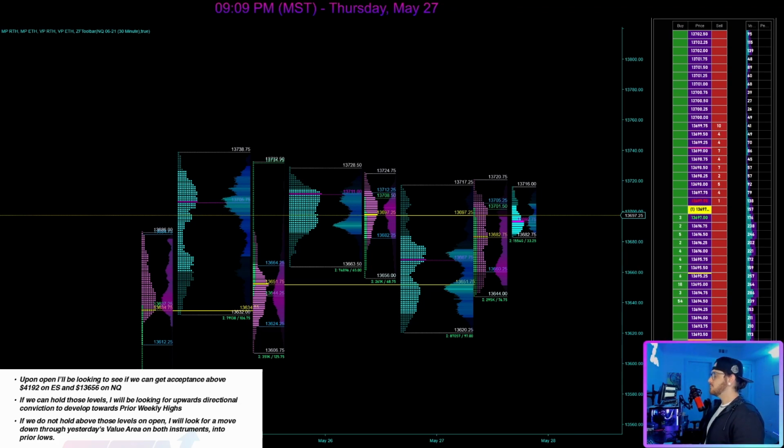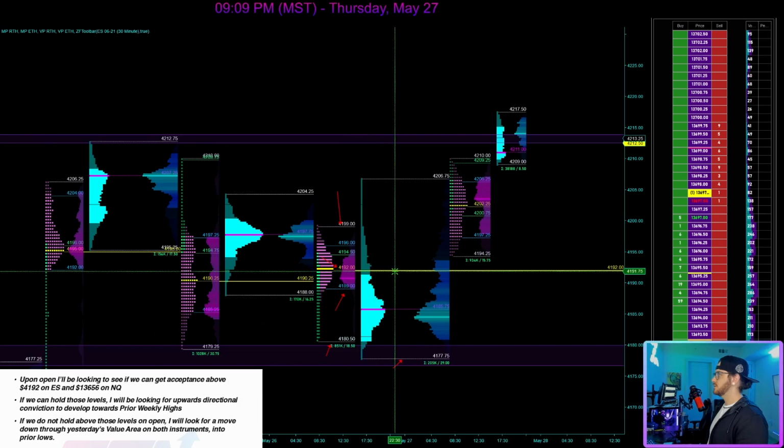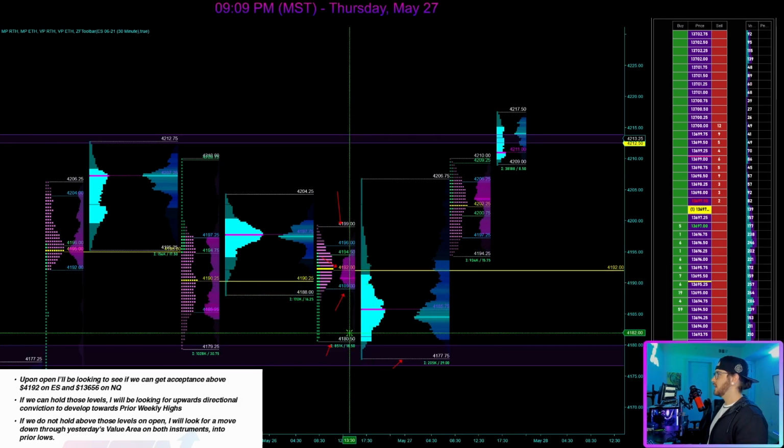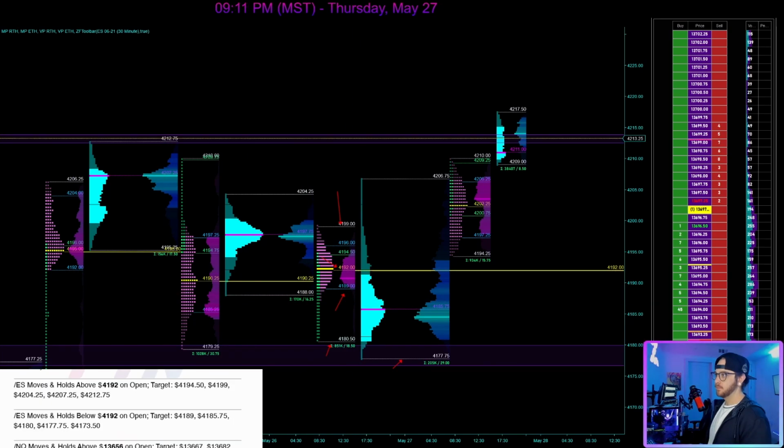We did get a move into yesterday's low, just to reiterate here on NQ, but we got picked up fairly quickly and we could not get acceptance below yesterday's low. And just flipping back to ES real quick, you can see we didn't get anywhere near yesterday's low. We could not even violate the point of control.